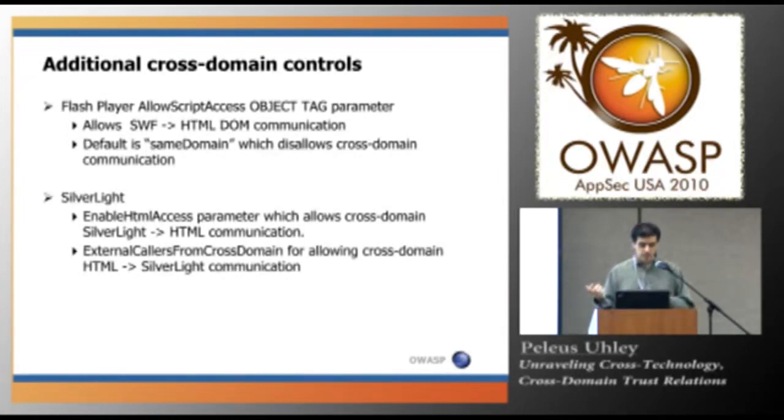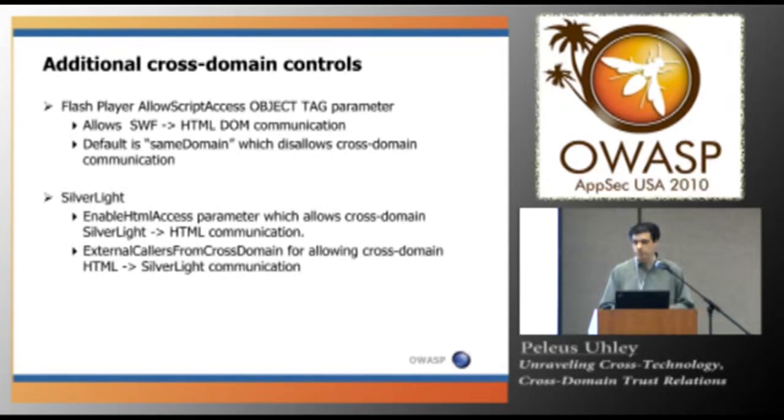They also have another parameter for external callers from cross-domain, for allowing the HTML to talk into the Silverlight content. So communication can go both ways, both with Flash and Silverlight. With Flash, inside the SWF, you set Security.allowDomain to allow the HTML to talk into the SWF. But it is a form of cross-domain communication that exists between two pieces of content from two different domains.